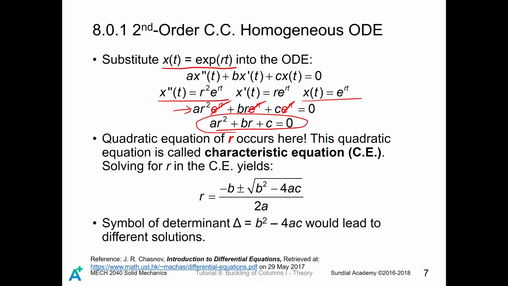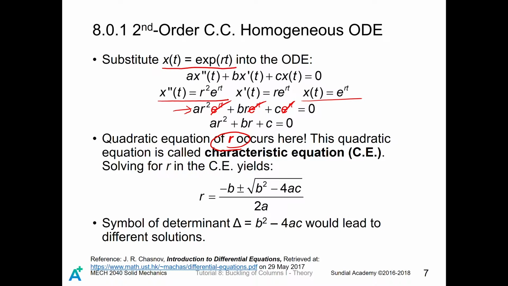It is a quadratic equation in r, and we call it the characteristic equation, and by using our knowledge of quadratic equations, we can quickly solve for r.